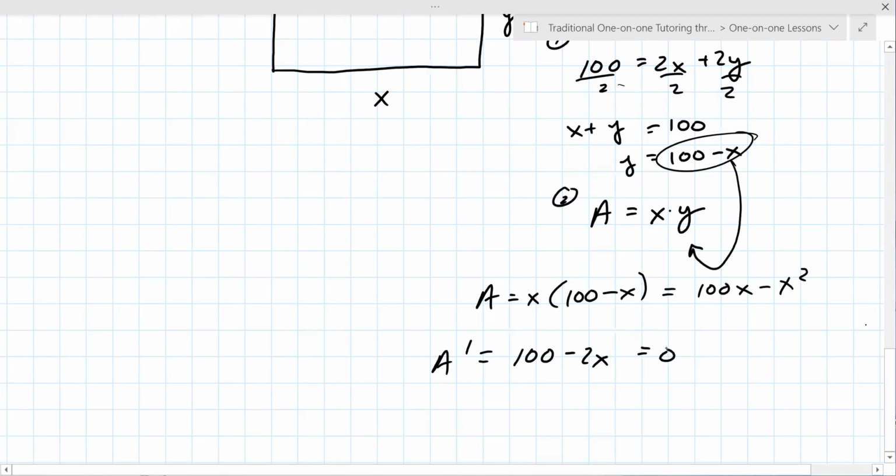You set it equal to 0. You solve for x equals 25. And then you plug it back in to solve for y. Now, because you only got one critical point, you can assume it's the right one. x plus y equals 50, so y also equals 25.